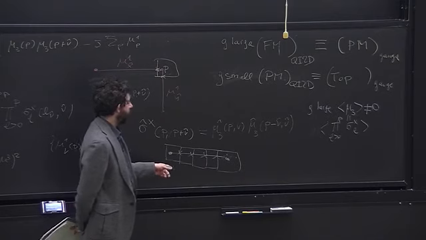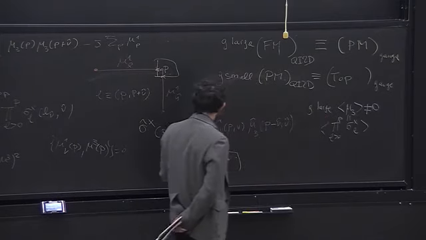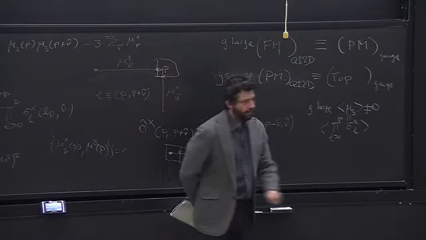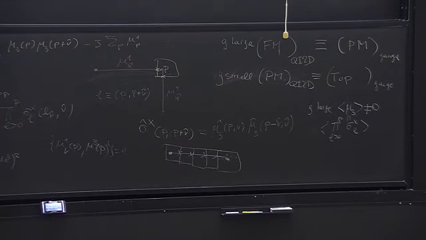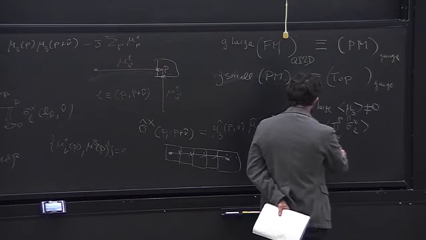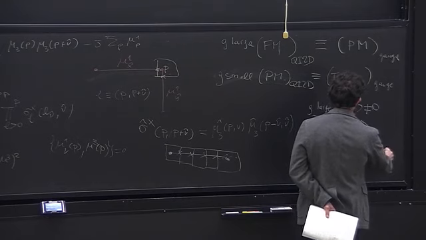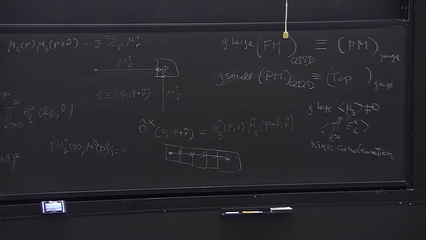And I'm saying that for G large, the expectation value of this operator in the ground state is different from 0. So we call this a kink condensation. So there is a proliferation of these vortices for G large.